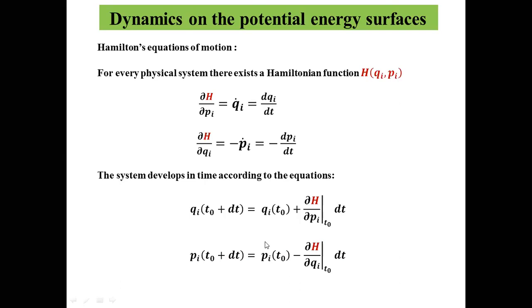Now, after solving this, what we get is the coordinates with respect to time, right? So now we have the potential over the whole space, and if we take these coordinates and superimpose them over the surface, what we get is an idea of how the reaction is going to proceed.